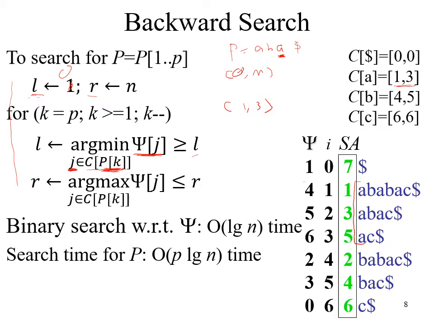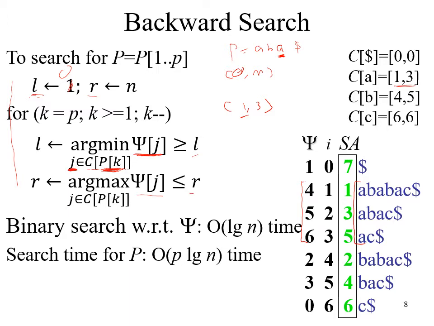Here we choose the smallest j such that psi j is greater than or equal to 1. So in this case, L equals 1. Okay. Then R is the maximum j such that psi j is smaller than or equal to r.